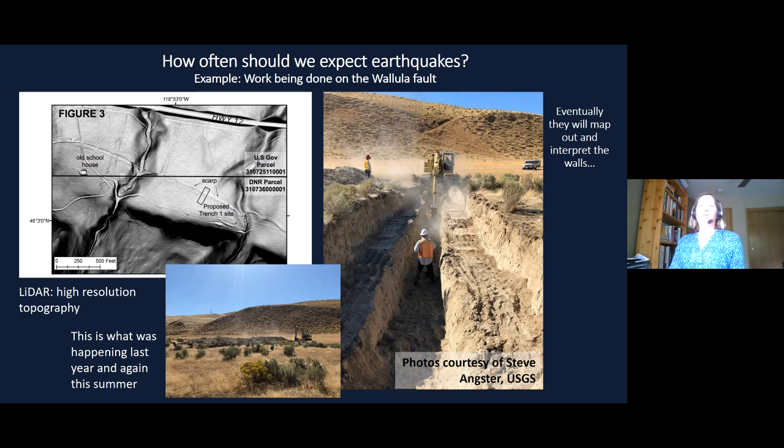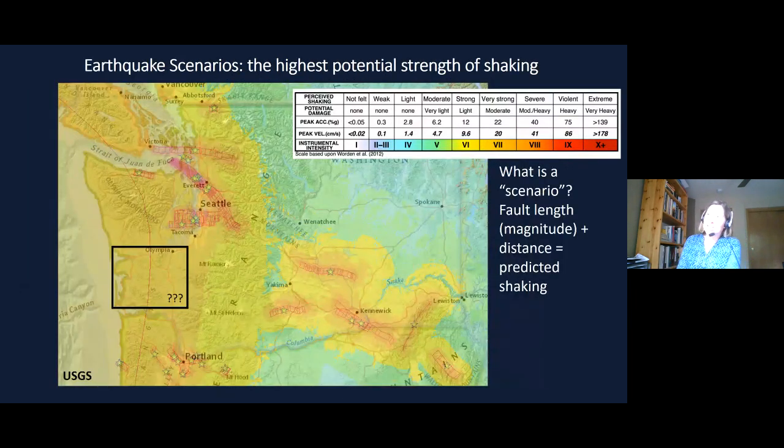Okay, so I want to go to a part of the state that quite a few people on this presentation are from, Southwest Washington, maybe from Olympia on down south. And you'll notice that I put in here a bunch of question marks in a box. It doesn't appear as if there's any crustal faults in this region. But is that really the case?